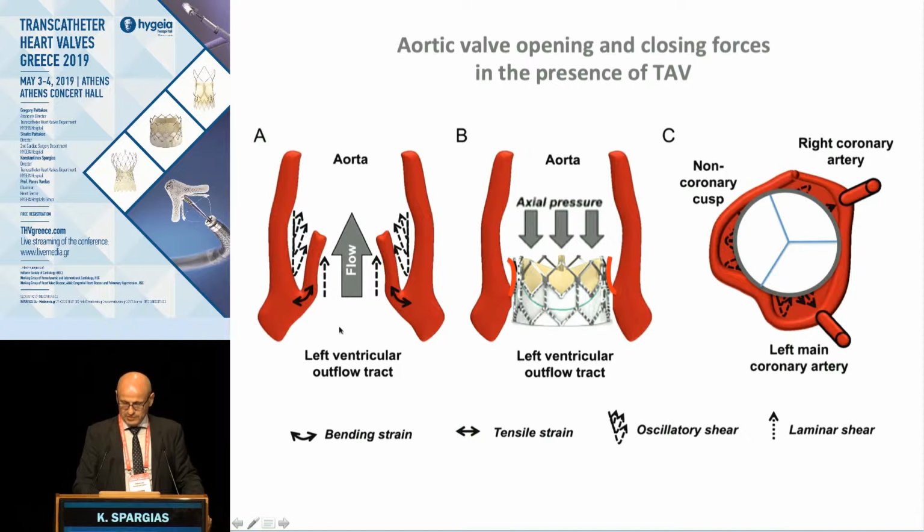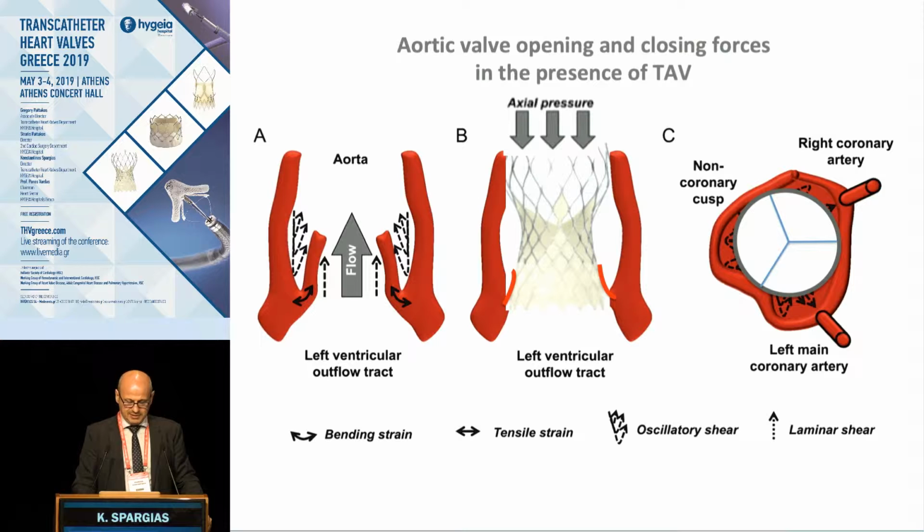So the vortices that close the leaflets inside this cage are limited. And in the supra-annular design, things are a little different because the annulus moves higher, so all these vortices are still there and going to help closing the leaflets of the Medtronic valve.